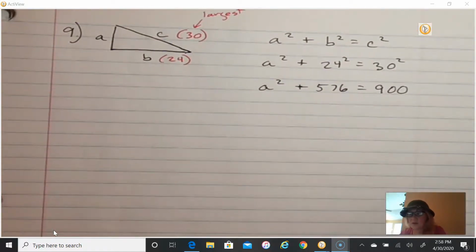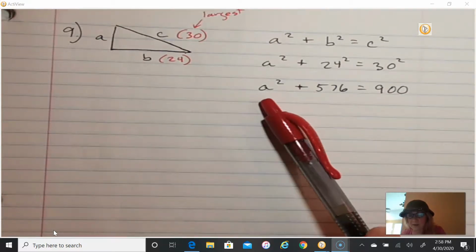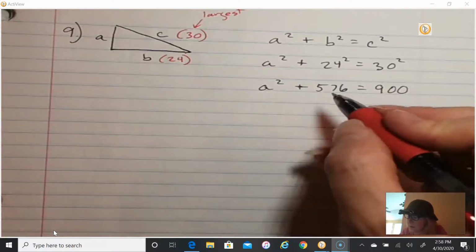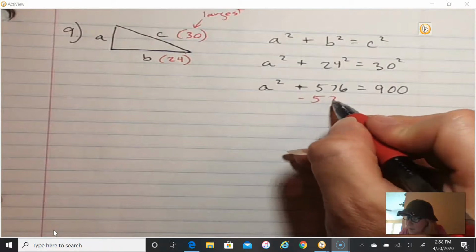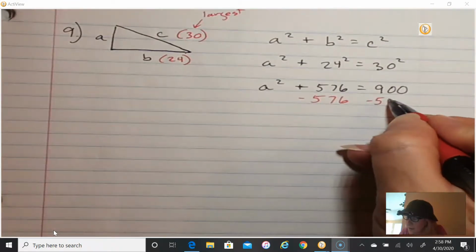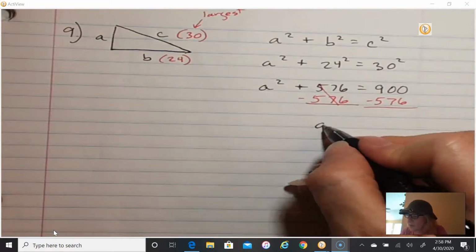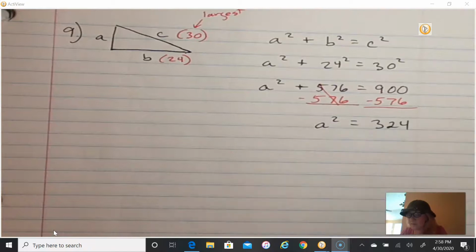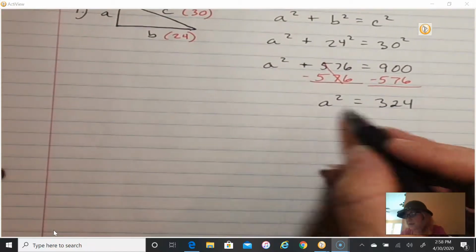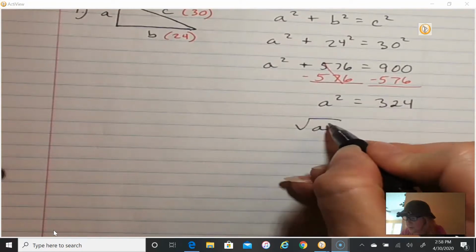Okay, now we do isolating the variable. We need to get A all by itself. So since we're adding 576, I'm going to subtract 576 to get it over here with the 900. And I'm left with A squared equals 324. I have to take this out of the square, so I'm going to square root it.